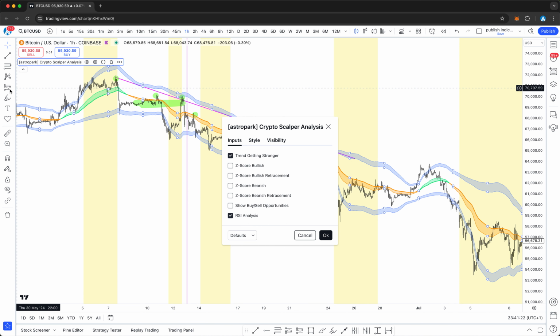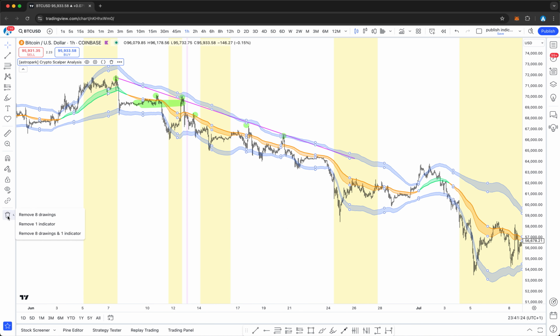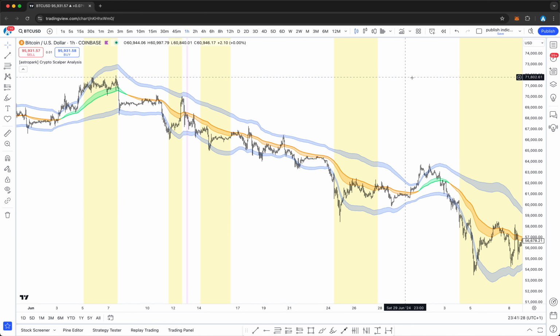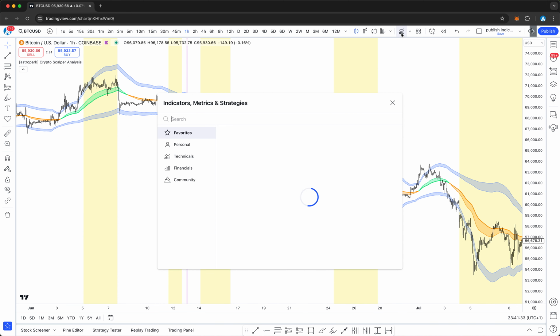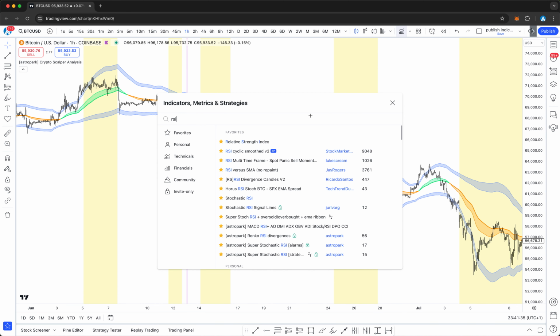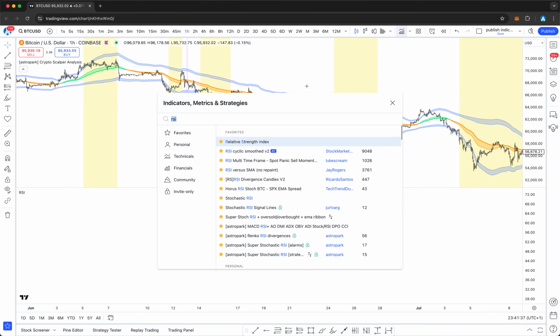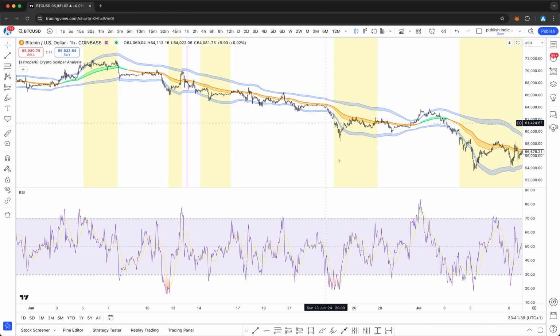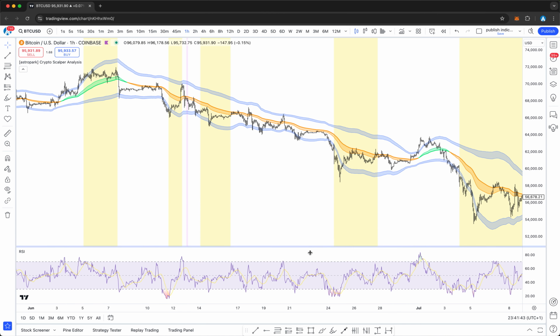Okay, so to give you an idea how this works, let's add an RSI.